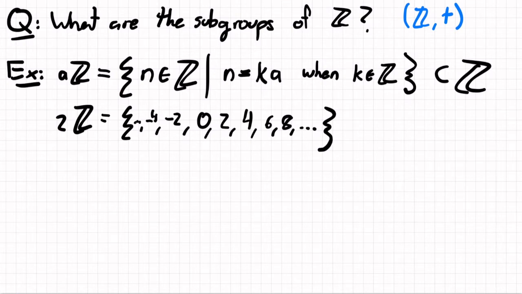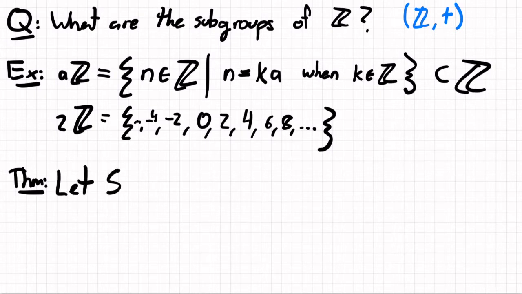And now that we found an example, or a class of examples really, one for each integer, we have this theorem, which more or less says that this is the only thing that can happen. So the theorem, precisely stated, is as follows.